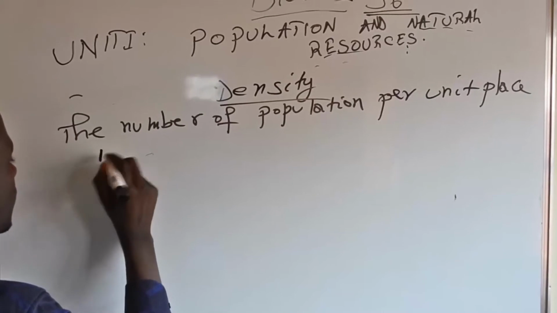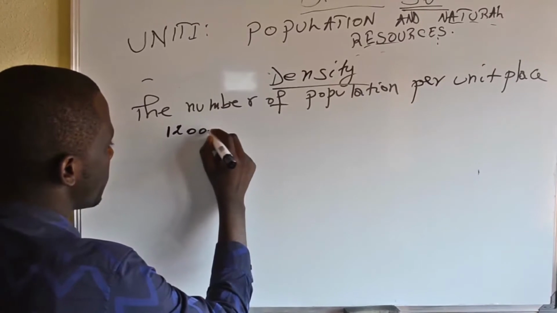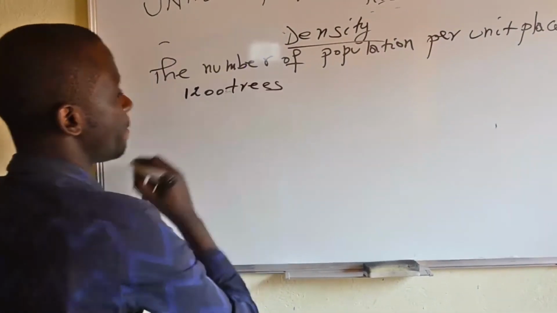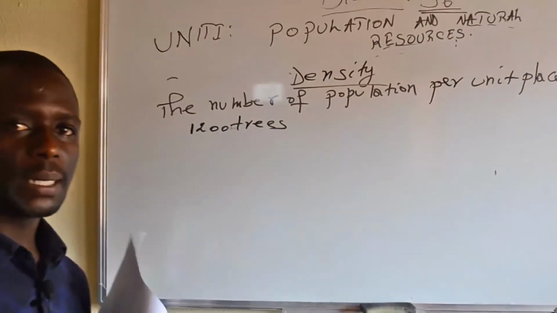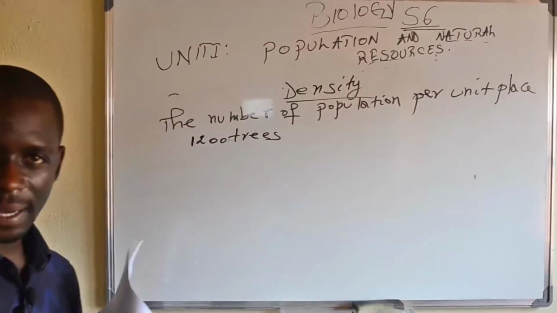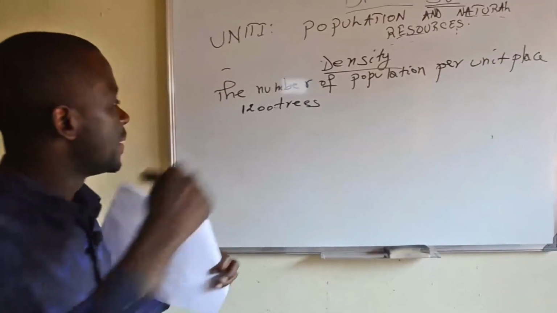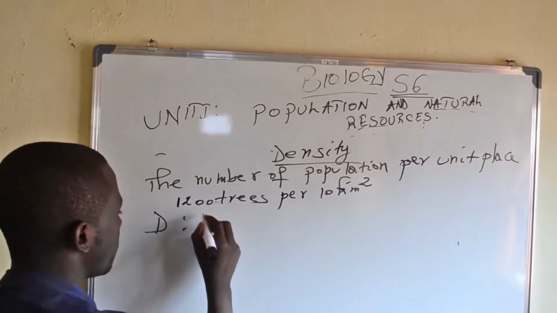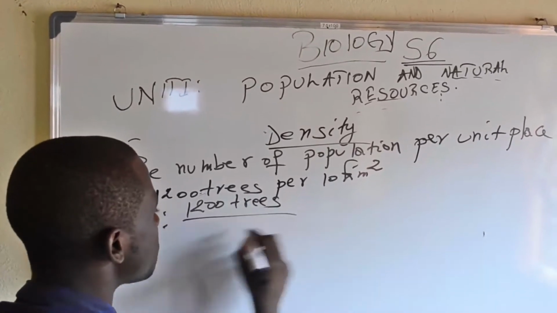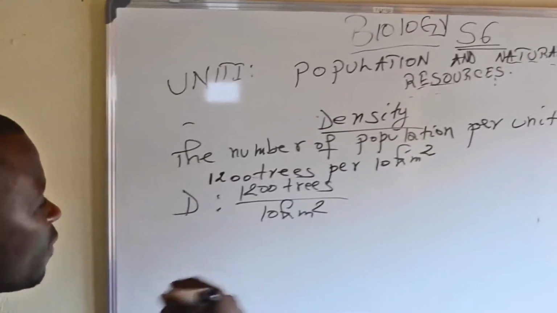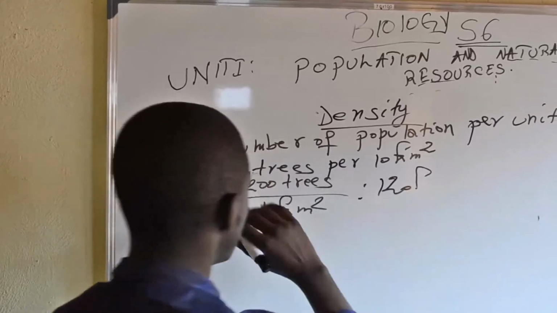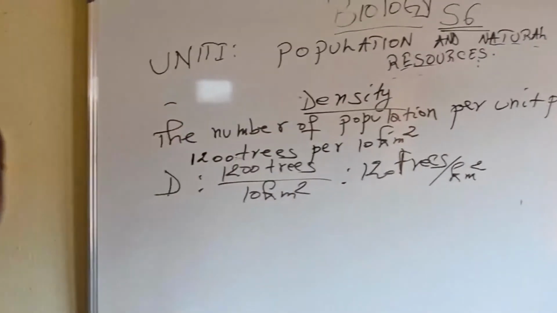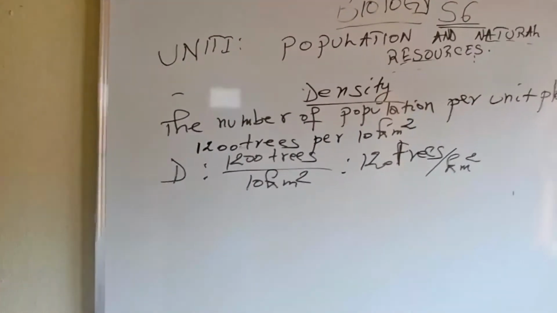If you have 1,200 human beings or trees, let me say trees, and they are planted on, let's say, 10 kilometer squared, per 10 kilometer squared. Our density will be this number of trees per 10 kilometer squared, okay? And if we divide, we'll have the number of trees per kilometer square, okay? This is the first characteristic of the population.